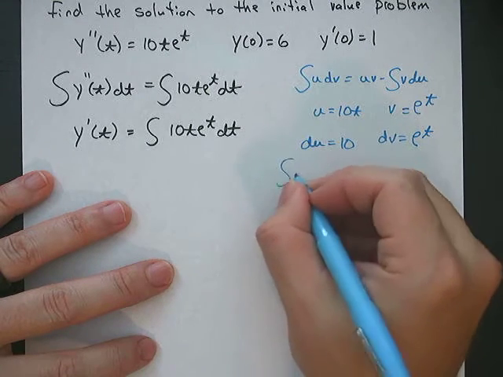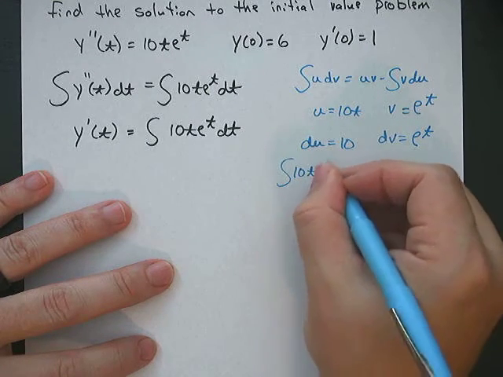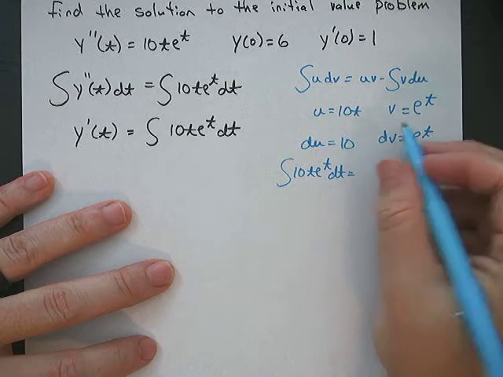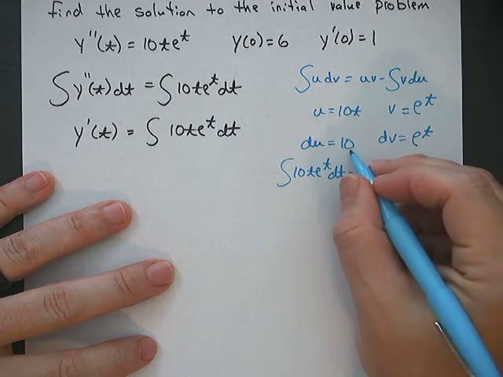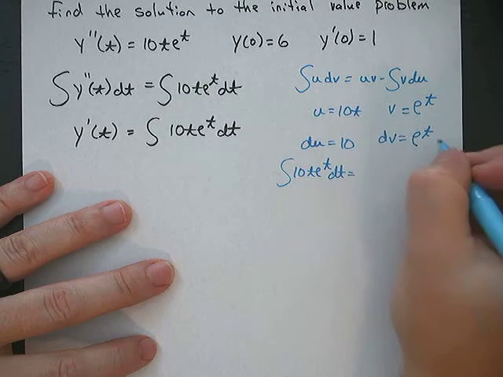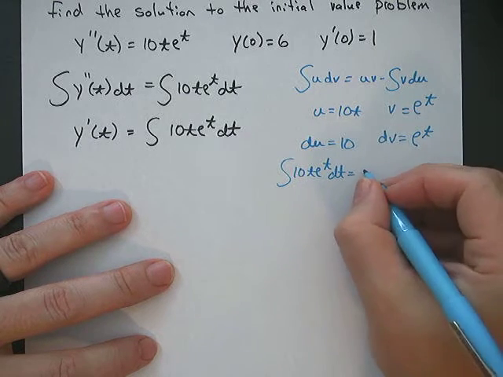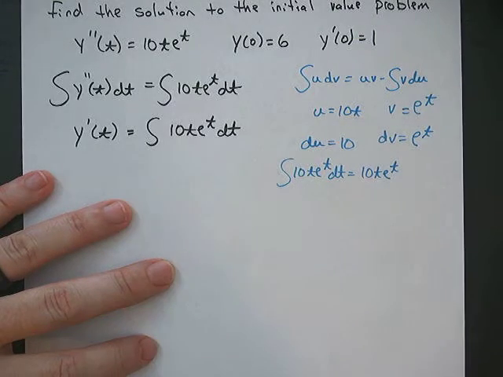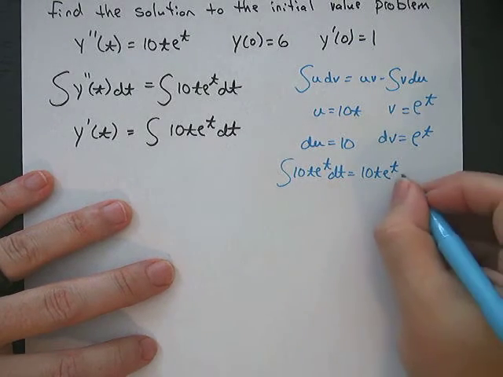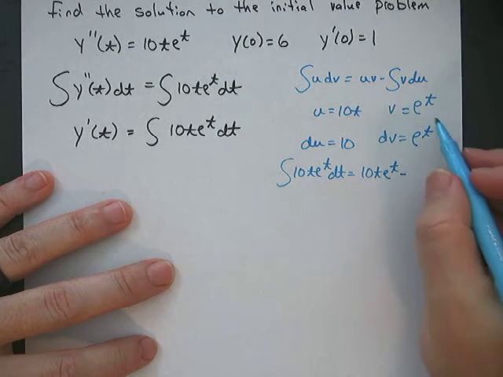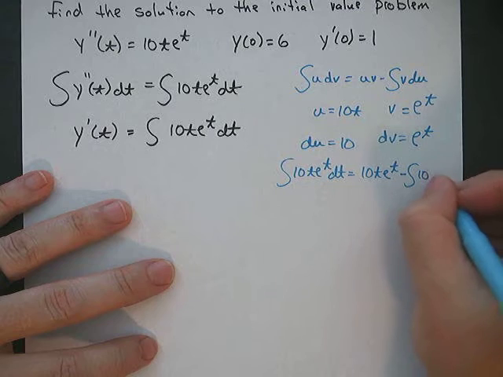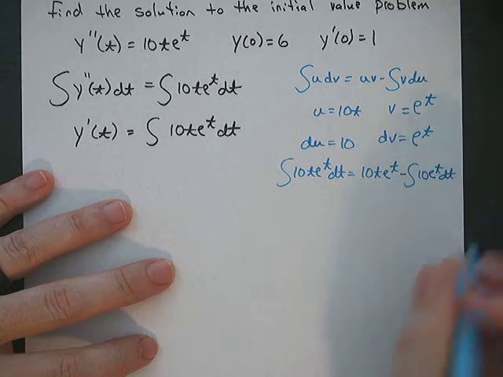We have the integral of 10t e to the t dt is equal to uv minus the integral of v du. uv is 10t e to the t minus, let's see, v du, which is the integral of 10 e to the t dt.